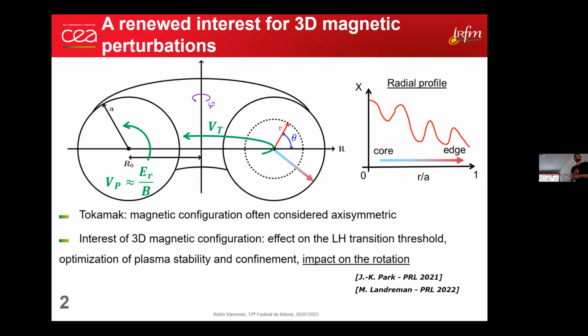There are many reasons for this. For one, the threshold for the LH transition can change under the impact of those perturbations. It has been shown that they can optimize the plasma stability and confinement. And the one of interest today is their impact on the rotation.